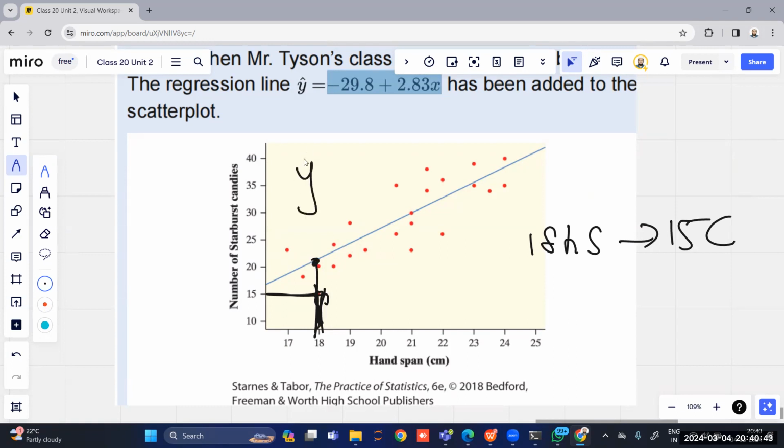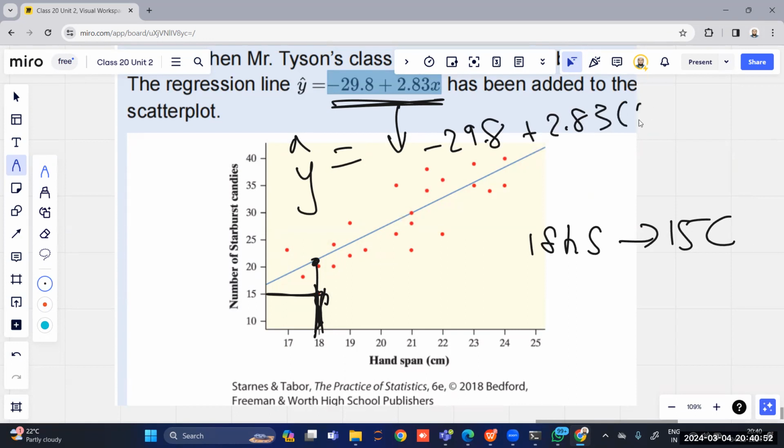When we use this equation, y cap equals minus 29.8 plus 2.83 into 18, so 2.83 into 18 is near about 36, and minus 29.8 plus 36 will be about 7. So it is giving a lesser value, 7, according to the line. Yes or no? It is giving a lesser value, but the actual value was greater, 15.